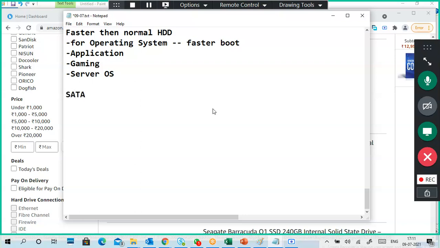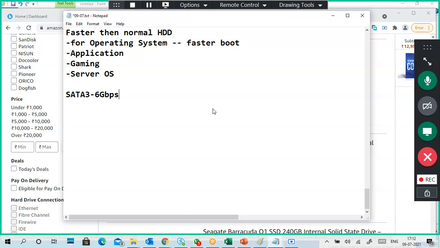Normal SATA 3 means SATA 1, SATA 2, SATA 3. It's version 3. Speed is around 6 Gbps. Okay, SATA 3, 6 Gbps. Guys, that's why I'm telling: if you purchase a new SATA hard disk, it is 6 Gbps speed.